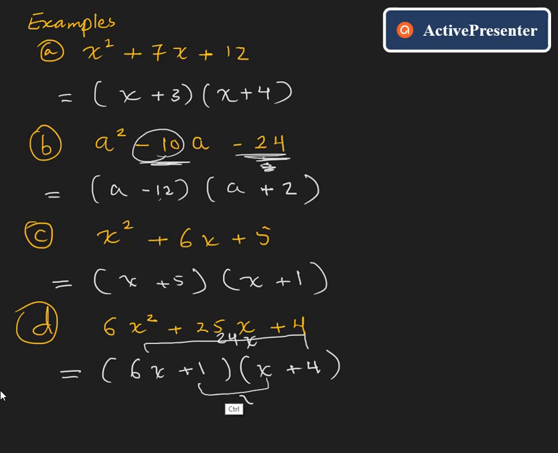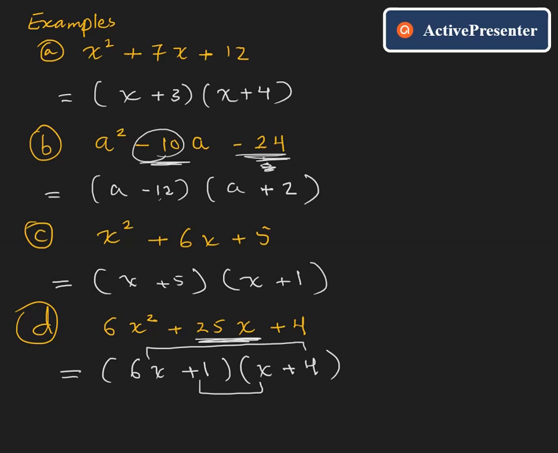So your answer can be found immediately, which is plus 1 here and plus 4 here, because if you multiply 1 by 4 you will get the last term, and if you multiply the outer and add it with the inner multiplication you will get the middle term.